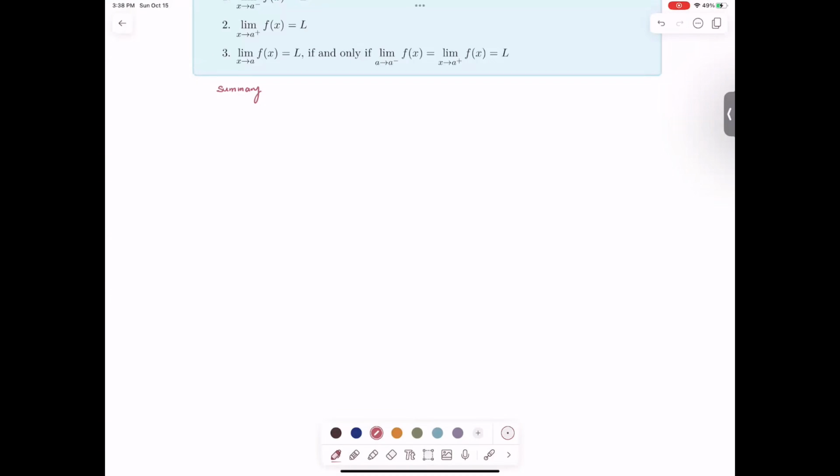If they ask you to compute the limit, and f(x), the expression, is given, your first step is always simplify it.